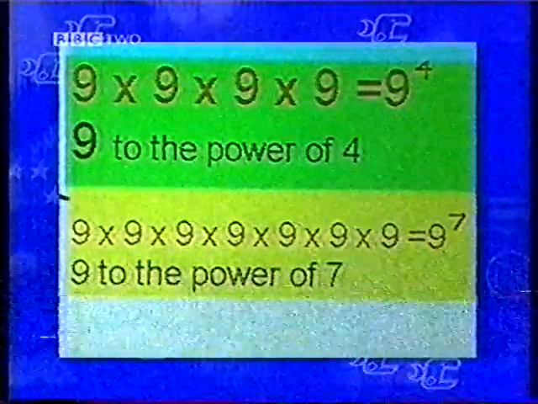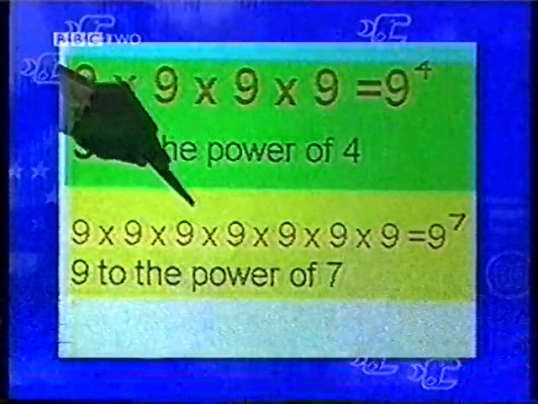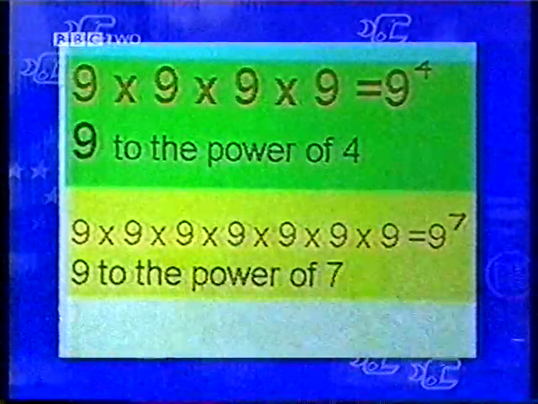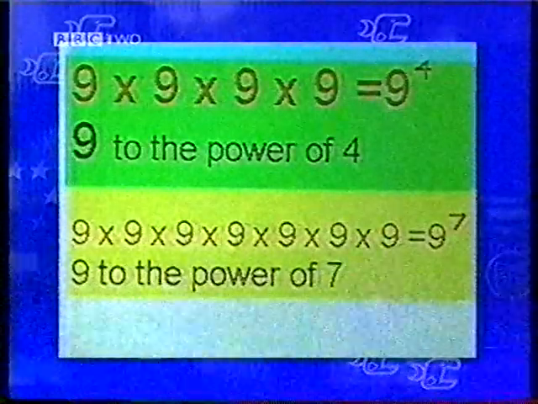Instead of writing 9 times 9 times 9 times 9 times 9 times 9 times 9, we can write 9 to the power of 7.